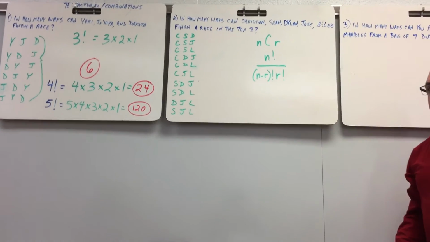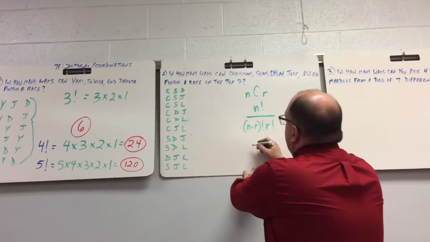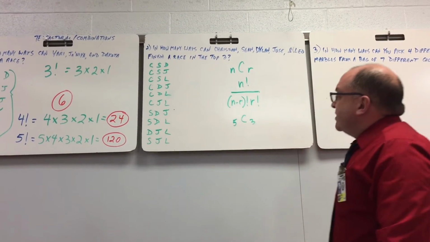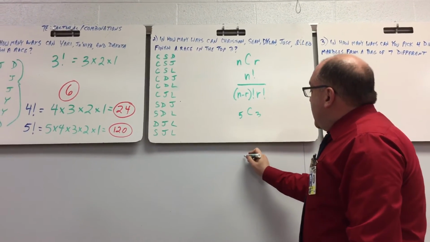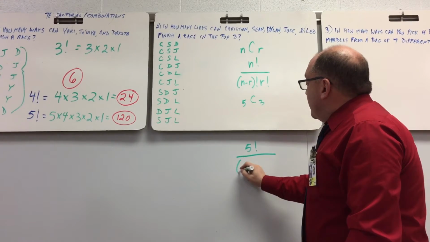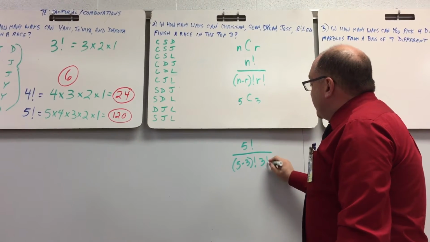Okay, so let's do this particular example. This particular example of 5C3 is going to be this. It will be 5 factorial divided by 5 minus 3 factorial times 3 factorial.